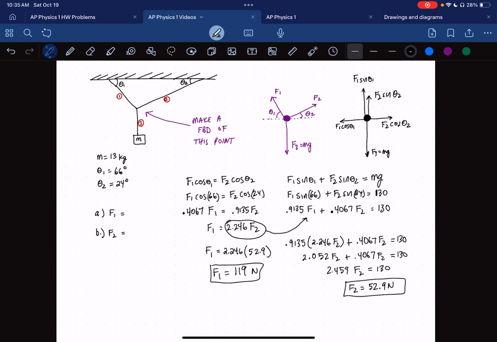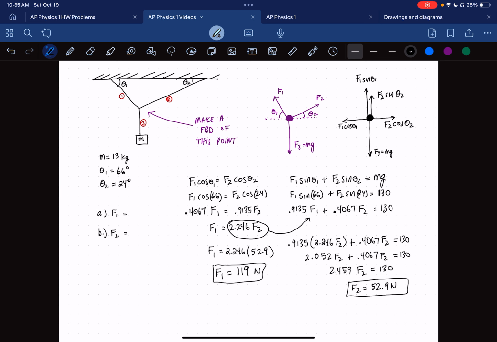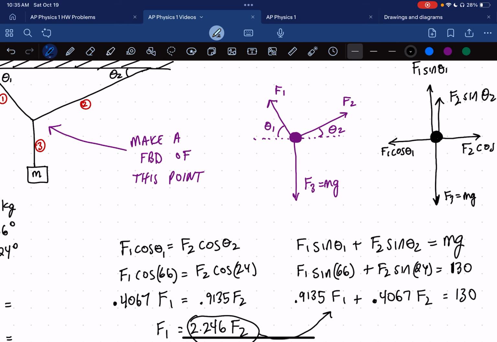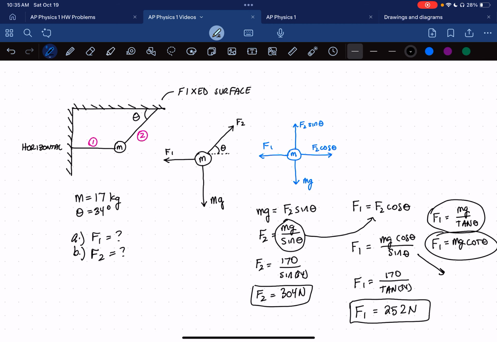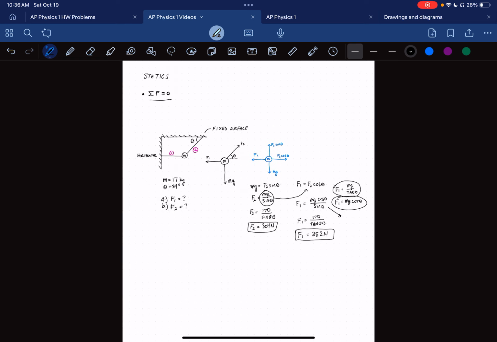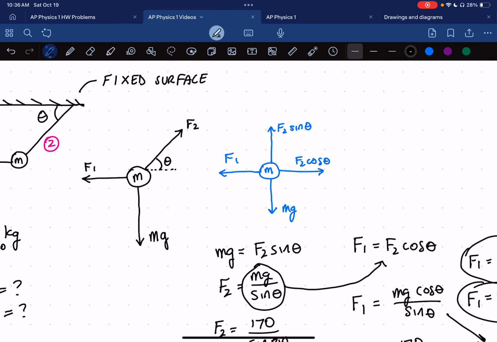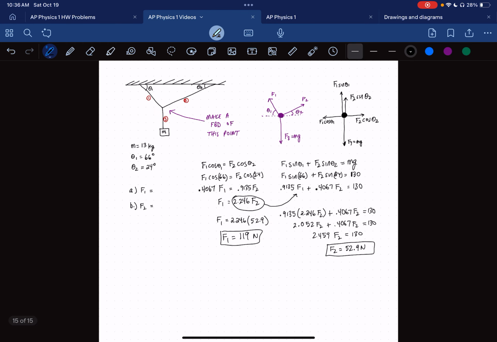Like I said, there's another method of solving for this. Hey, if you're watching this video, I'll give you a hint. Let's go back one. Here we made this very simple by putting all our forces into two dimensions, a vertical and a horizontal dimension, so that we have expressions where they can cancel. Expressions where F1 equals F2 cosine theta, for example.